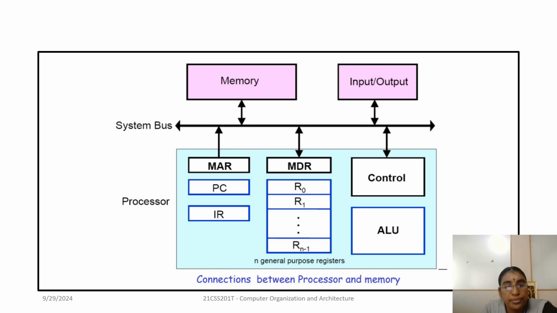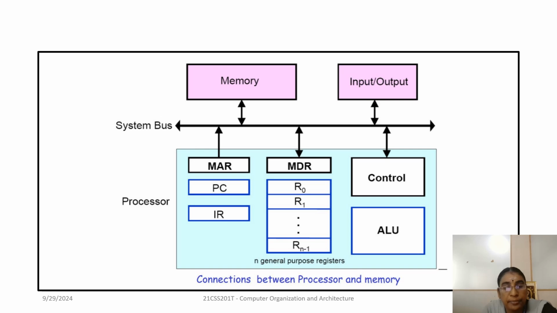This diagram shows the interrelation between all the units inside the computer system, and the connection between the processor and memory. In this slide, we can understand that the memory unit is bidirectional with the system bus, and the processor unit as well as the input-output unit are also bidirectional with the system bus.